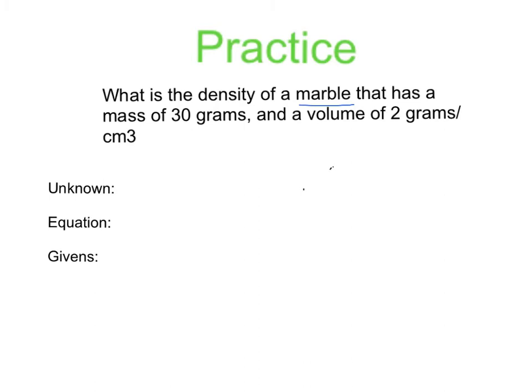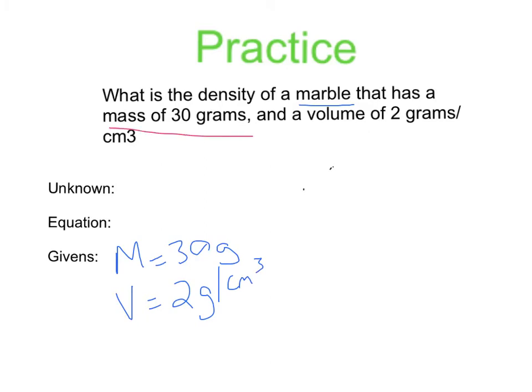So we know that the mass, M, is 30 grams. We know that the volume is 2 grams per centimeter cubed. That's given. We know mass of 30, volume of 2.